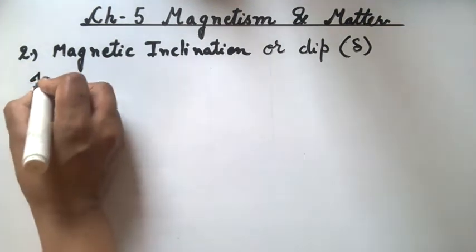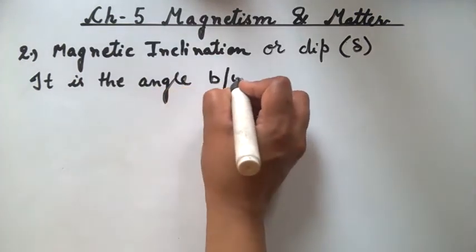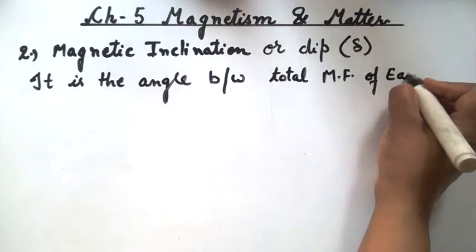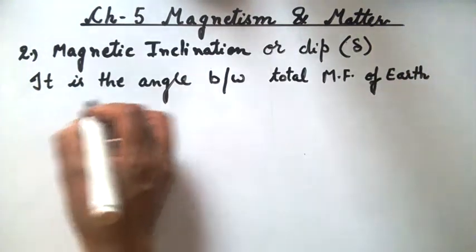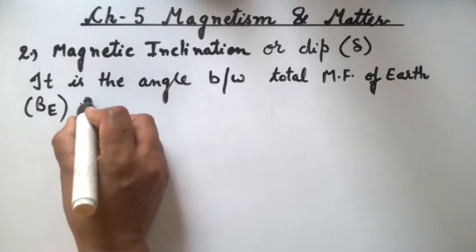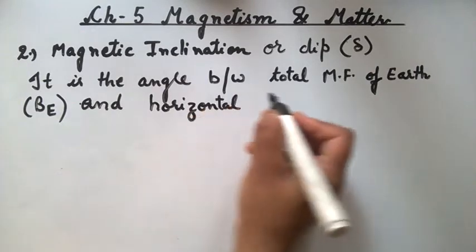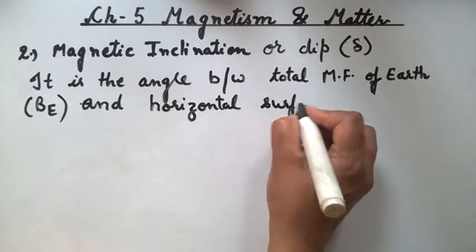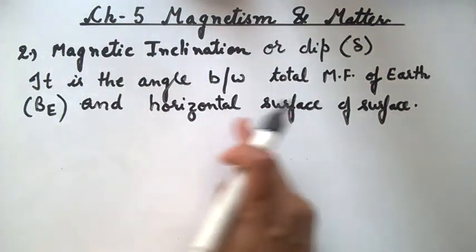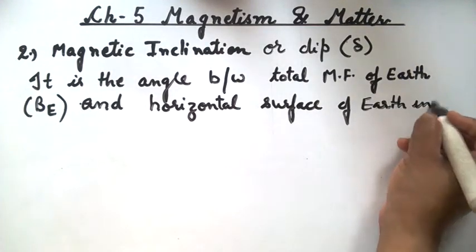It is defined as the angle between total magnetic field of Earth, that is BE, and horizontal surface of Earth in magnetic meridian.